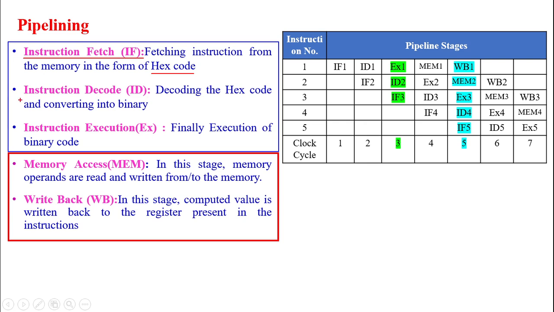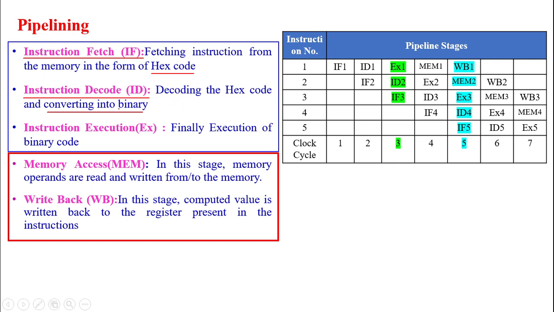The second one is instruction decode. Instruction decode means decoding the hex code and converting that hex code to binary code, which is called the decode operation. So the processor will decode it to understand its functionality. Whenever you fetch the instruction, first that will be converted into binary and later it's going to decode its meaning.